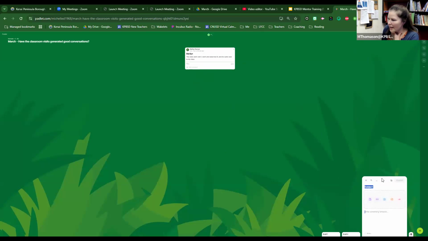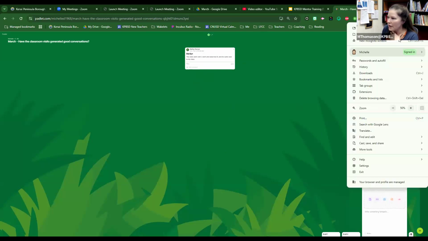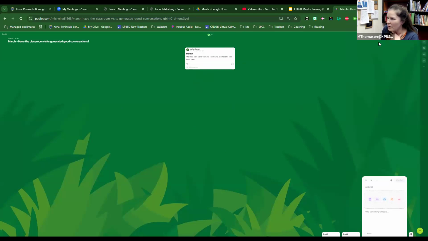I don't think I'm the owner of this, so I think I have to put it into an incognito window. Let me put it into an incognito window, and this is what it should look like. You should be able to get in there, and then there's this plus button in the right-hand corner that lets you type in something. So then you could say, this is a test Padlet response.